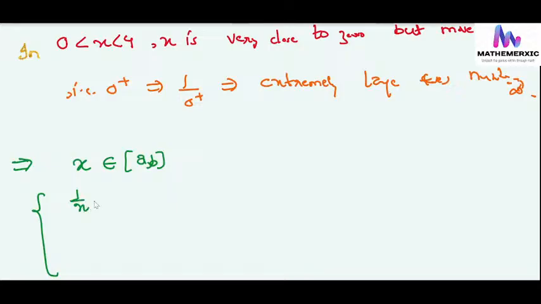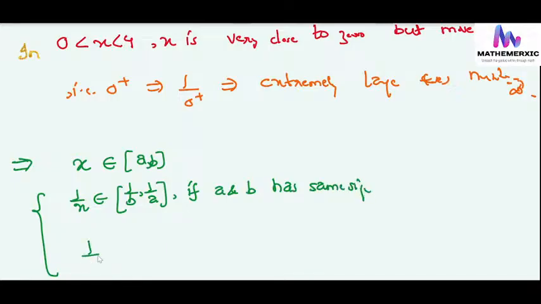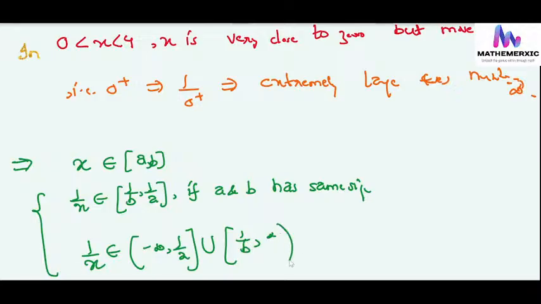So here 1 by x belongs to 1 by b comma 1 by a if a and b have the same sign, and 1 by x belongs to minus infinity to 1 by a union 1 by b to infinity if a and b have opposite signs.